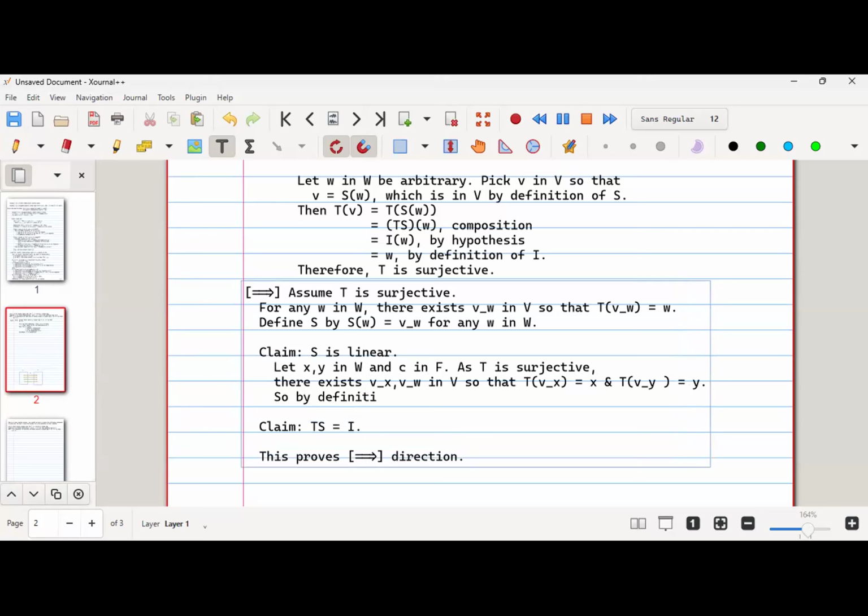So by definition of S, S maps X to Vx and S maps Y to Vy.